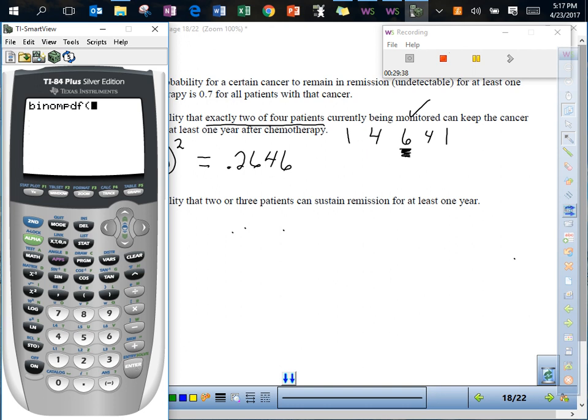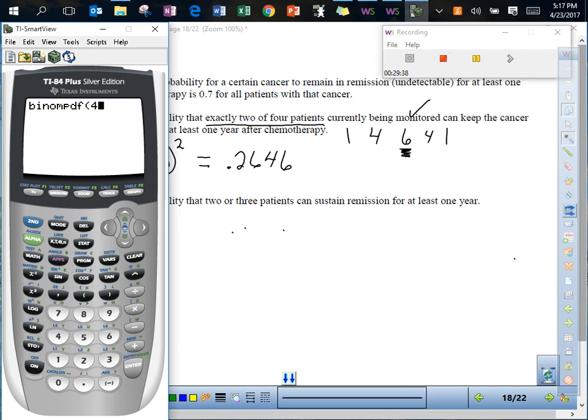Now here's how you do this. You tell the calculator that you're looking at 4 people, so type in a 4 and then a comma. Then you type in your main probability. It was 0.7 for somebody to stay in remission. Then in the next one, you tell the calculator how many you're exploring, so I'm going to type a 2.